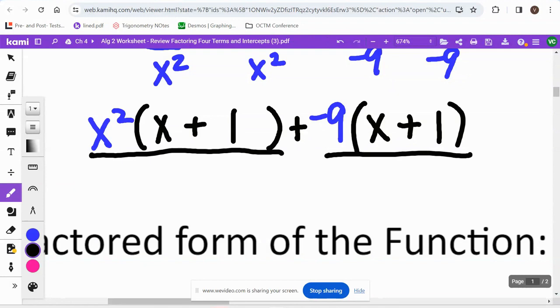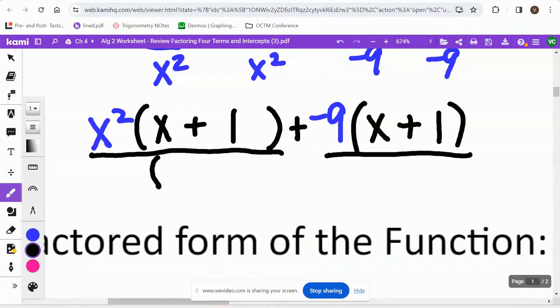If one says x plus 1, the other says x minus 1, you can't move on. It has to be exactly the same. So this one is exactly the same because you're doing it with me. But when you're doing it on your own on this worksheet, if you get a scenario where they're not the same, your hand goes up and you say, I need help, Ms. Criswell. Okay, you don't wait. You don't wait. You ask. Okay, they have to be the same.